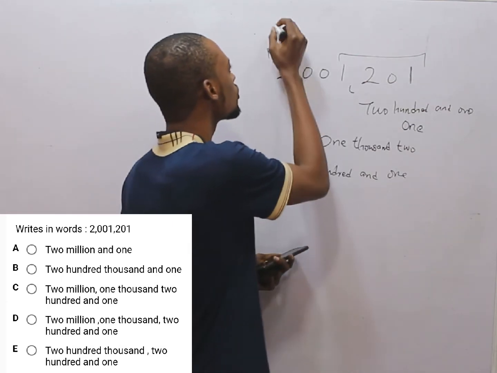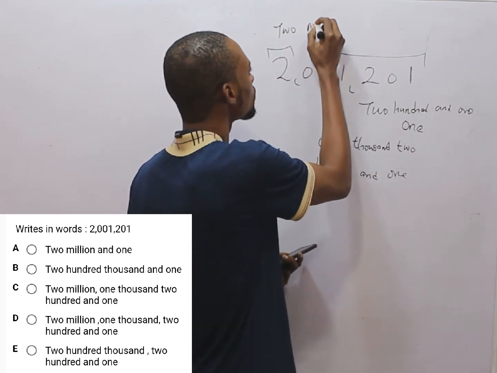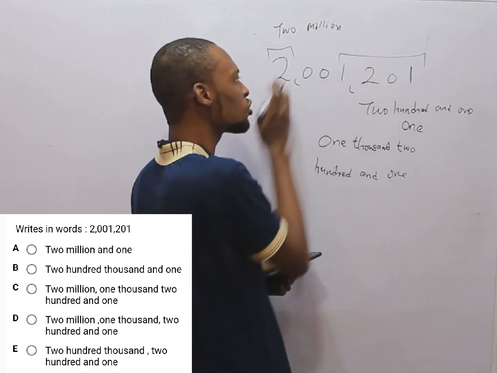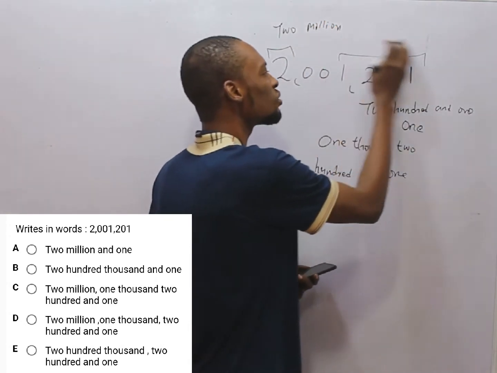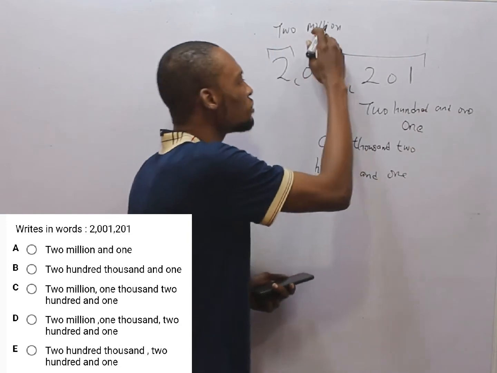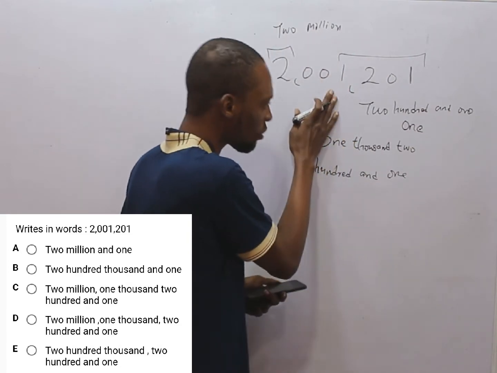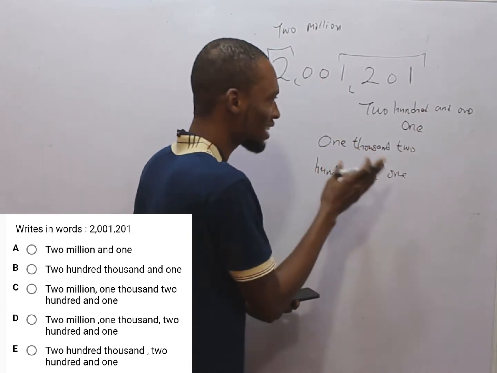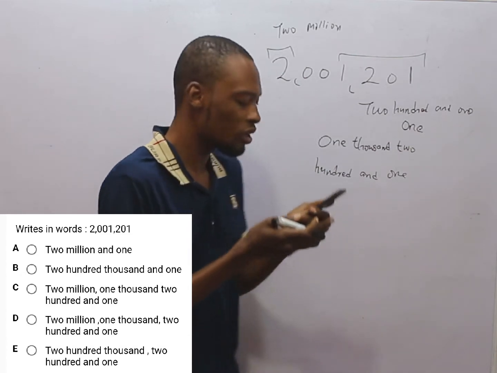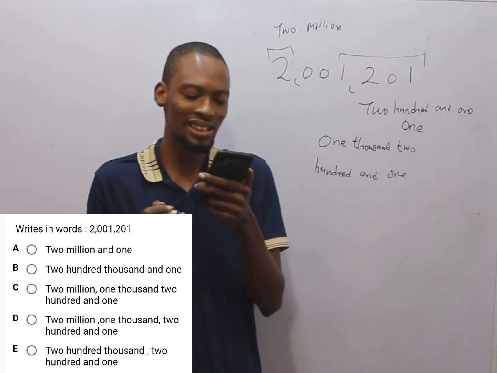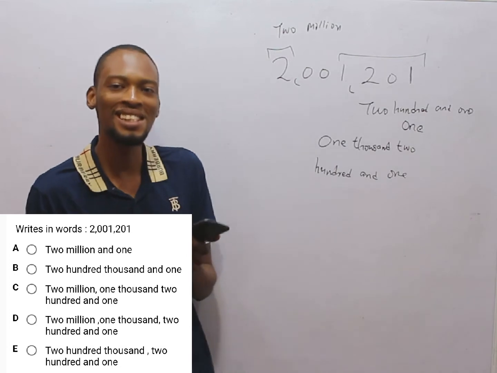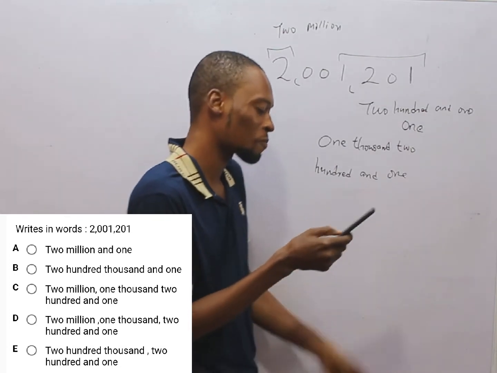This is simply 2 million. Since this is 2 million, we already know what this is together. It is simply 2,001,201. Option D is the correct option.